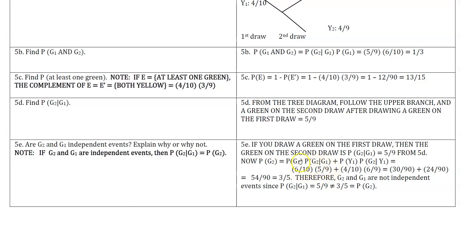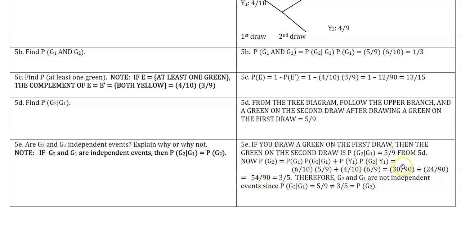So that's the green card on the first draw, followed by the green card on the second draw, and that's the product 6/10 times 5/9. Okay, and then the other way to get a green card on the second draw is to pick a yellow card first, and then the green card on the second draw, and that probability is 4/10 times 6/9.